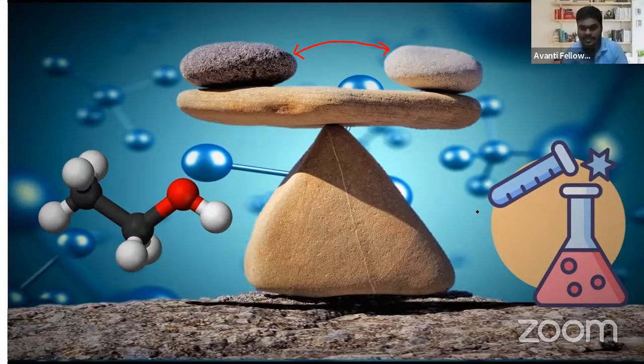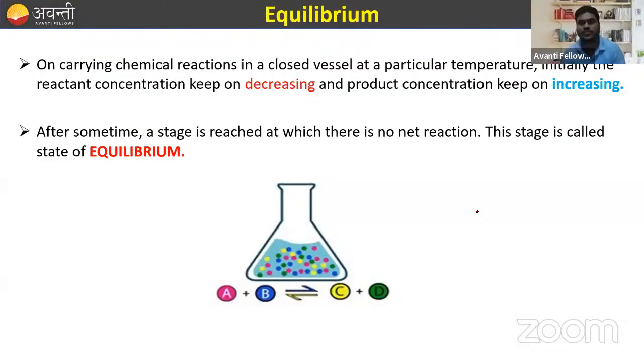So let's see this. First of all, what do you mean by the term equilibrium? On carrying out any chemical reaction in a closed vessel at a particular temperature, initially the reactant concentration keeps on decreasing and the product concentration keeps on increasing.